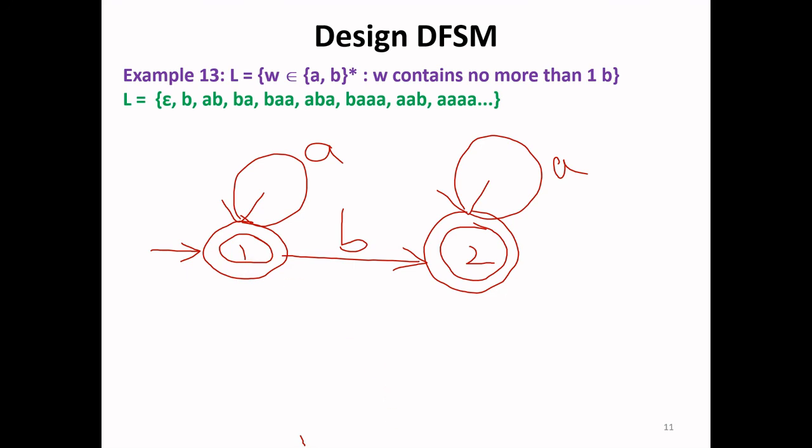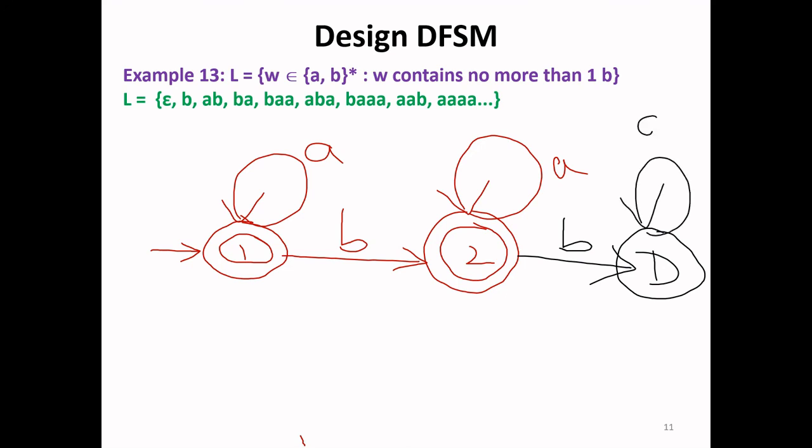The only solution is to take a dead state, move the transition from state 2 for input symbol B to the dead state, and again from the dead state a compulsory transition for A and B. So this is the complete design for the deterministic finite state machine.